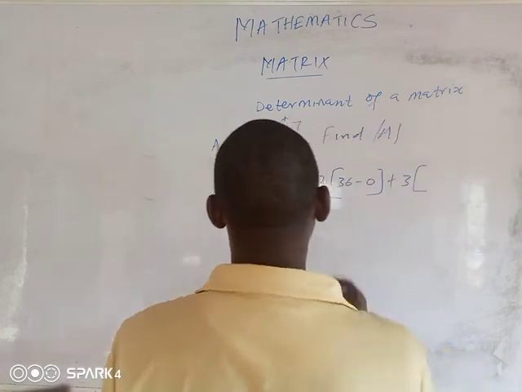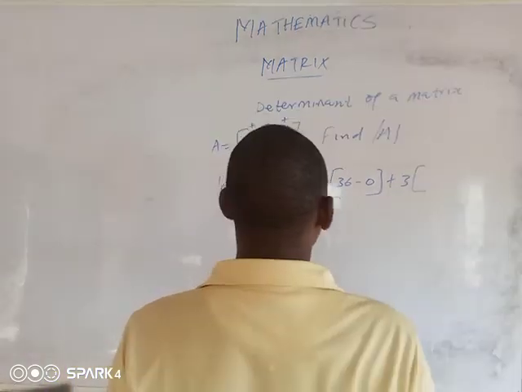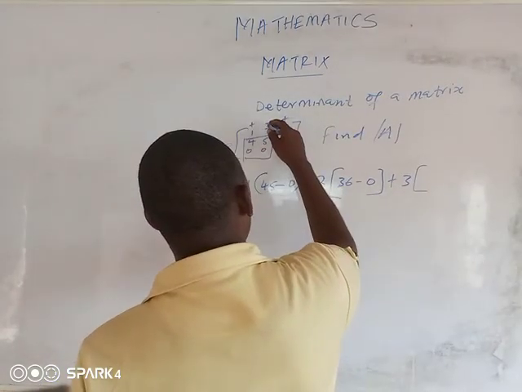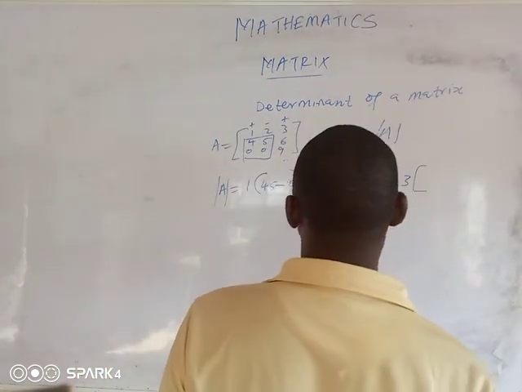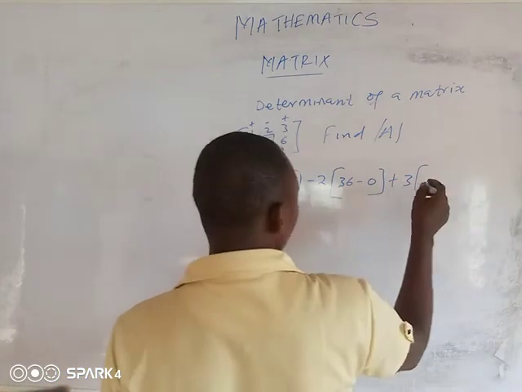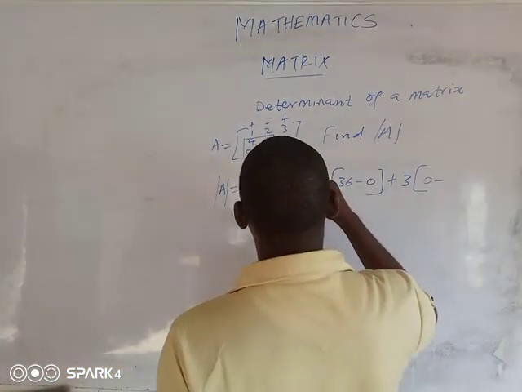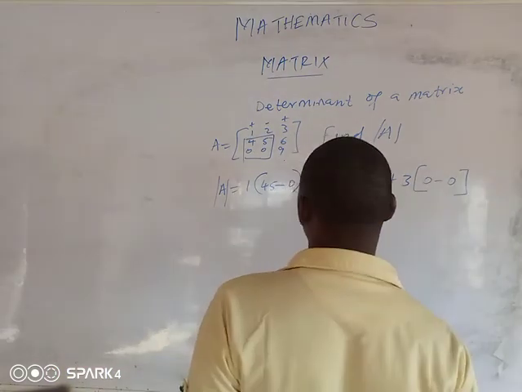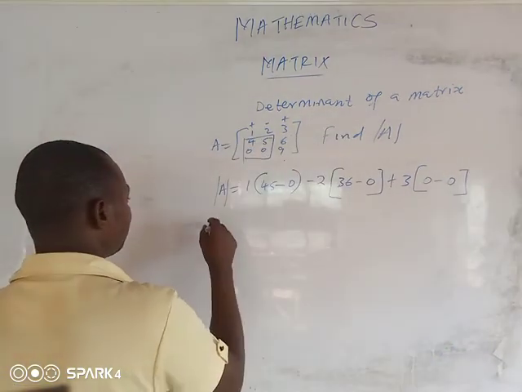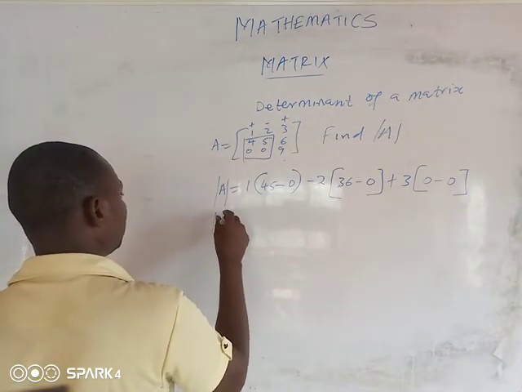If this one has minus, then this one has to have plus. So we have 3, 4 times 0, we have a 0 minus 0 times 5, I have another 0. You can see that I'm not missing any step.